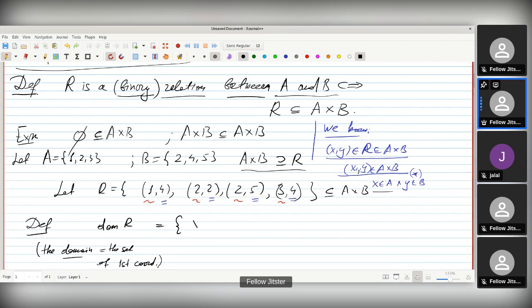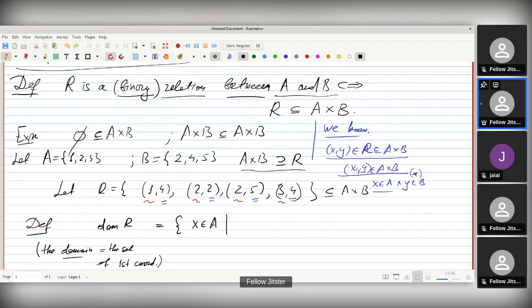So it is a subset of A, the set of all such elements from A which are first coordinates of at least one pair. How can I render it symbolically that X is the first coordinate of at least one pair?